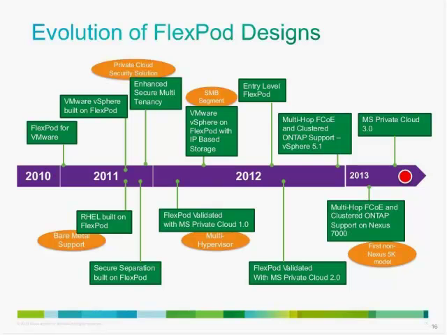From that point on, we developed a Flexpod and deployed Red Hat Enterprise Linux on it. We did a secure multi-tenancy design for the private clouds. We introduced Nexus 5000. We introduced technologies such as FCoE. We added the NetApp clustered Data ONTAP. And then we moved into the Nexus 7000 addition to the Flexpod.